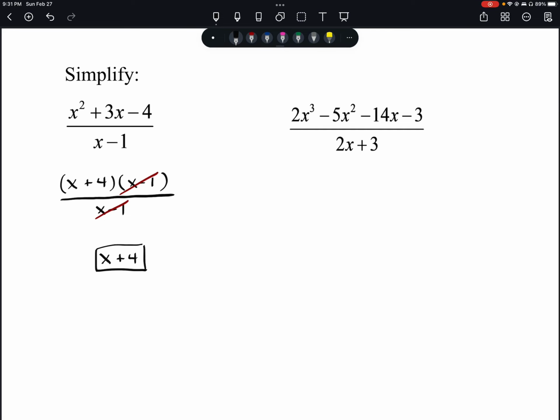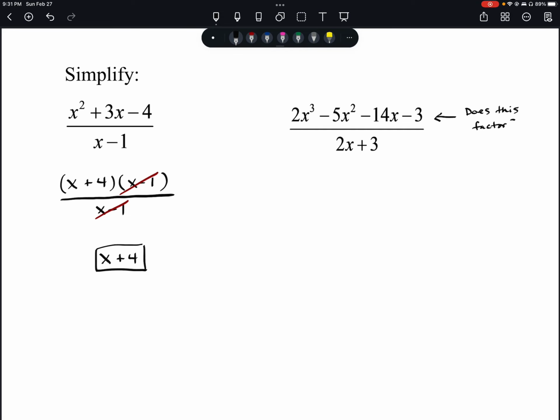Okay, so it's nice when it's able to factor, but when you're looking at this second problem, we have 2x to the third minus 5x squared minus 14x minus 3, and we're dividing that by 2x plus 3. Sometimes we run into a problem here because, does this factor?